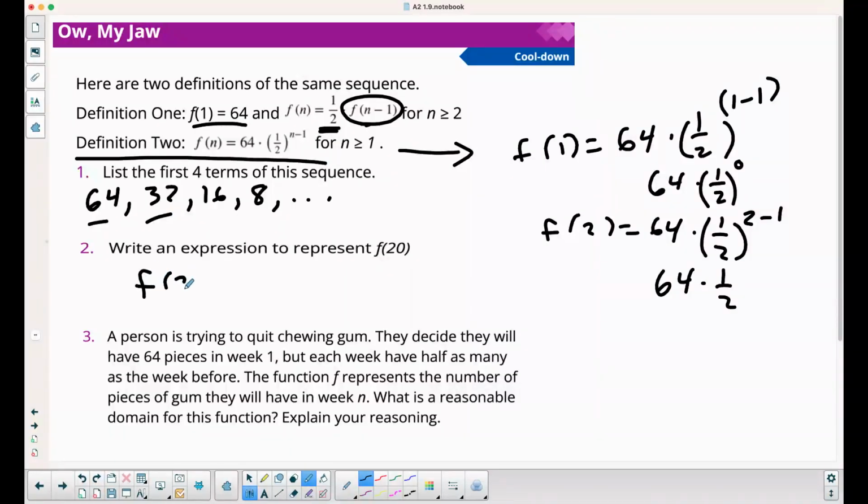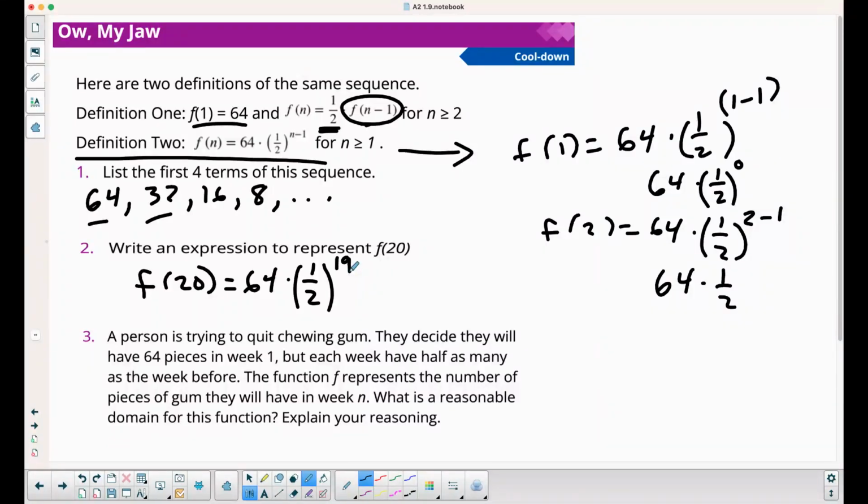I'm going to say f of 20 equals 64 times 1/2 to the 20 minus 1 power, which I'll tell you what, I'm just going to erase the 20 minus 1 and make it 19. Okay, there's an expression. Could I go ahead and calculate that? Sure, it didn't say that I have to, so I'm just going to leave it.